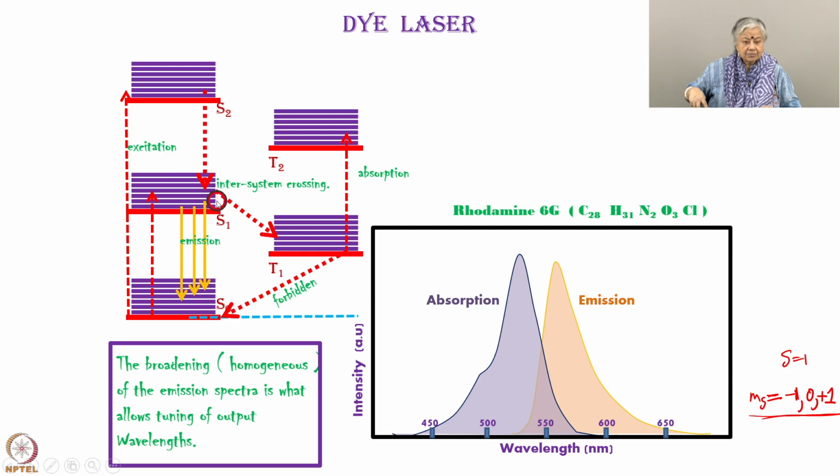And there are so many rotational levels here and so many rotational levels here. So, from one rotational level to the next, and some other rotational level to the next, it goes on. So, you have a whole lot of wavelengths. You just see the length of these lines, they are not all the same. They are very closely spaced, with almost similar line structure, but still they are different. And that itself gives you a wide spectral range.